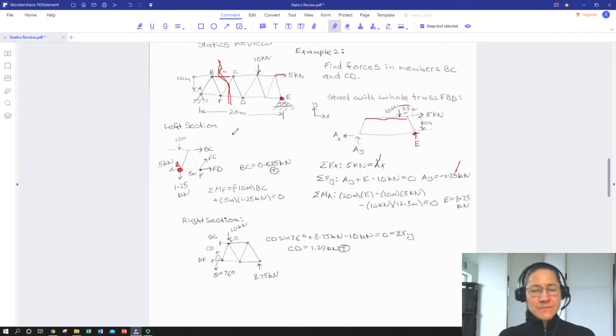If we take the moment about point F, we have one unknown because the forces FC and FD go through point F, so they can't create a moment around it.